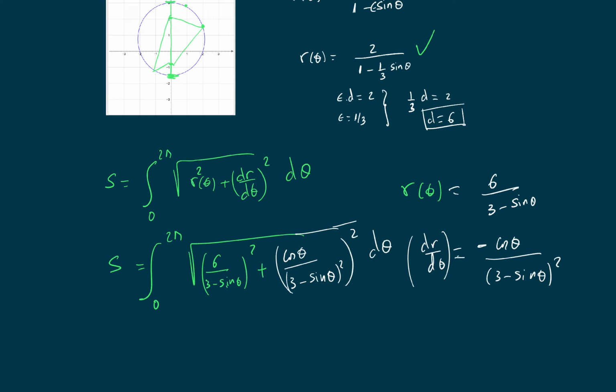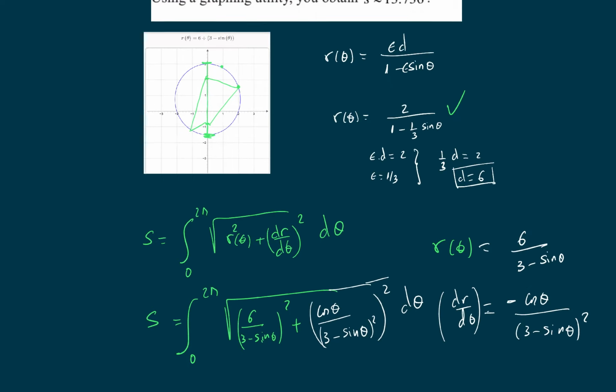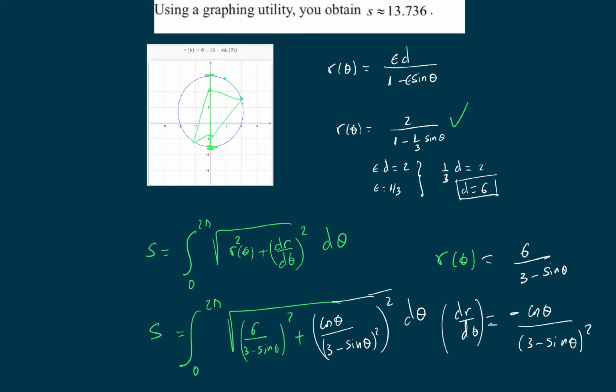So you use a graphing utility, and the length of this ellipse, if you walk along the ellipse, this is not a circle, so it's not 2 pi r. The total length of this ellipse, using a graphing utility, will be 13.736. And this is the problem. Let's go to the next one.